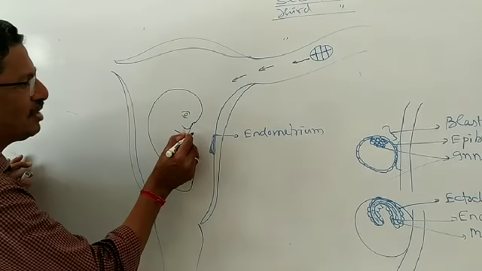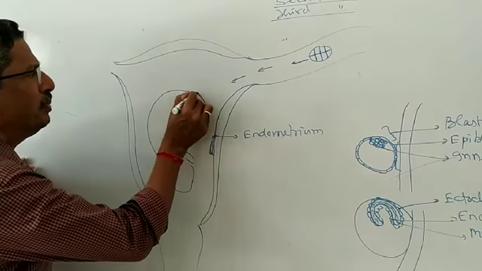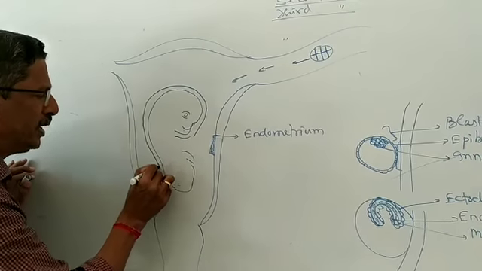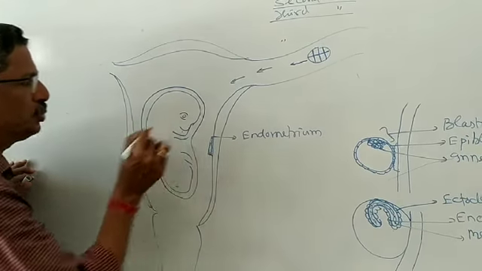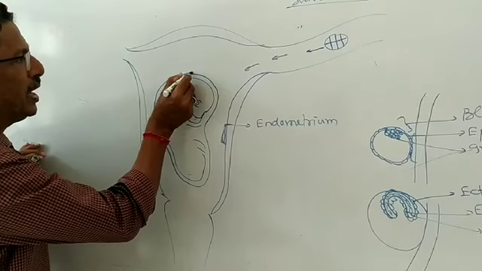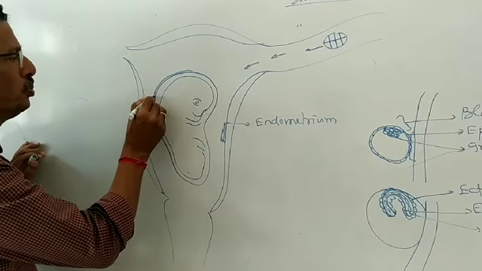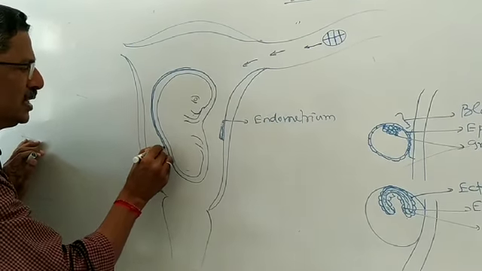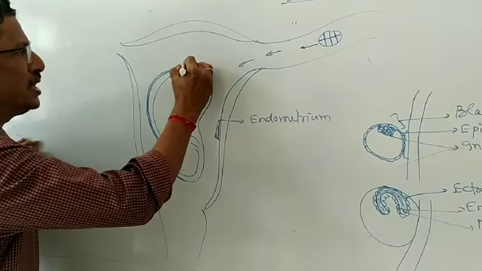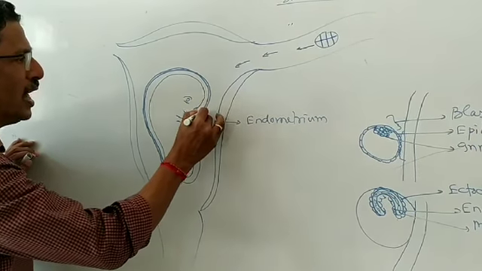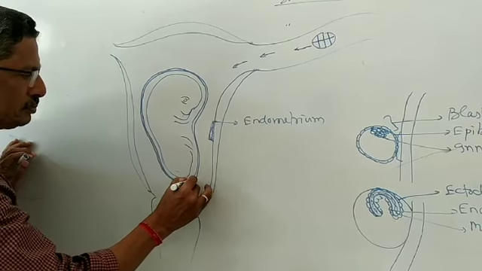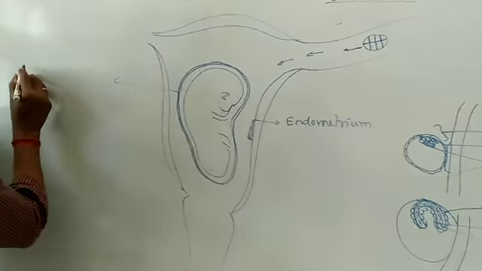Now this fetus is covered very closely with one membrane. It is a double membrane actually. If you see with the microscope, it will have 3 layers. Now this double membrane is called the amnion. Okay, I label it on this side, amnion.